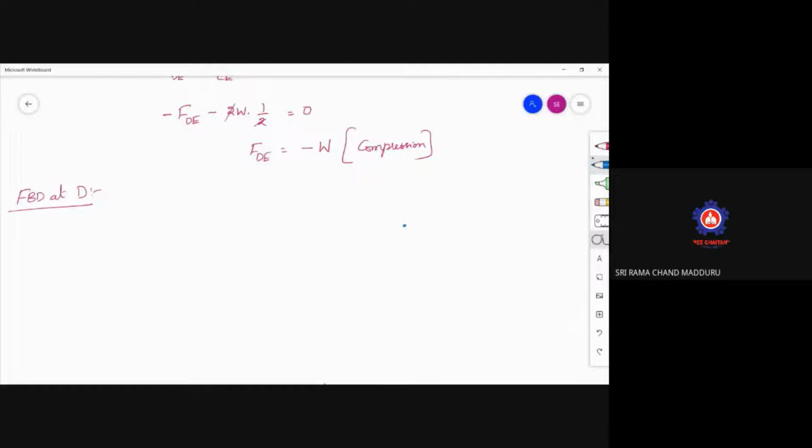There is joint D. At this joint, this is force in DE. Force in DF. Force in BD. Force in CD.